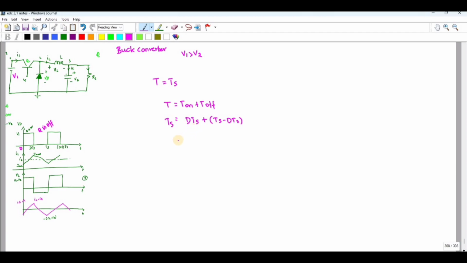What is D? D is the duty cycle. D is equal to T on divided by T on plus T off. T on here is DTs, and the total time is Ts.